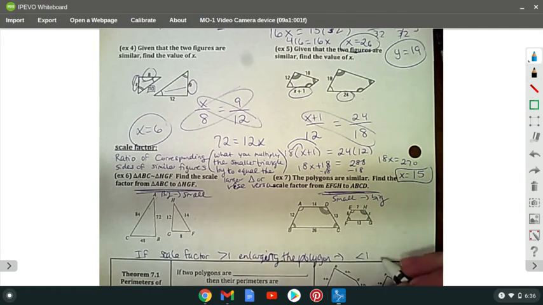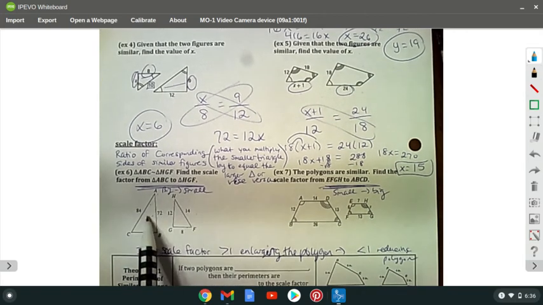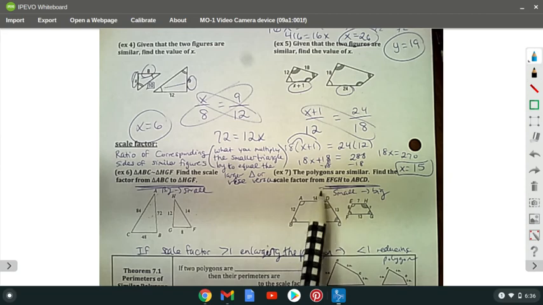Less than 1, we are reducing it. That's important. So like this question's asking you, how do you get from the big one to the small one? So we want to have a scale factor that's less than 1. Here they're asking us, how do you get from the small one to the big one? So we want a greater than 1 scale factor.